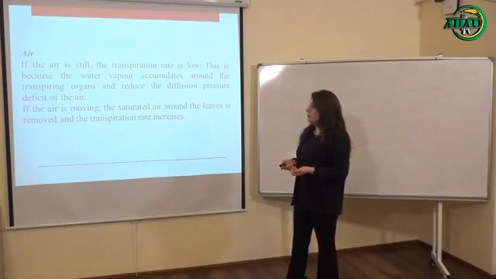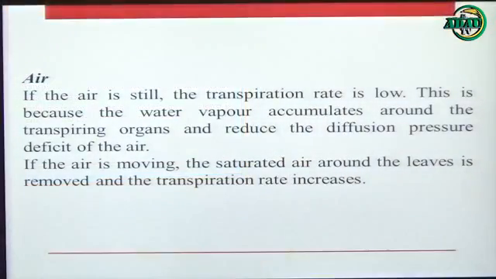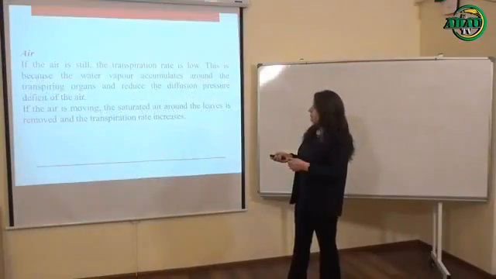And air also: if the air is still, the transpiration rate is low, and if air is moving, the saturated air around the leaves is removed and the transpiration rate increases.